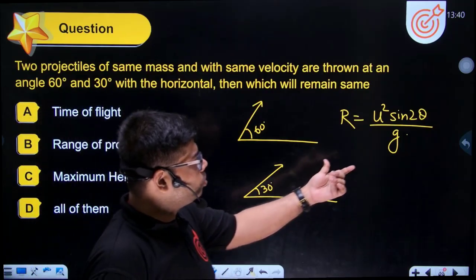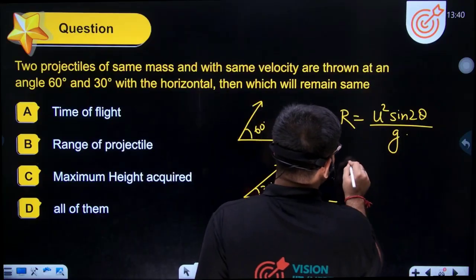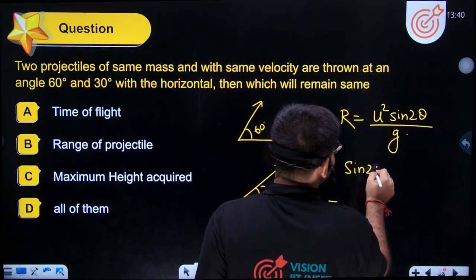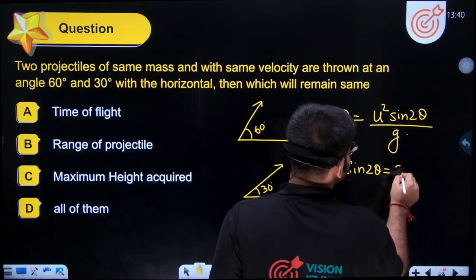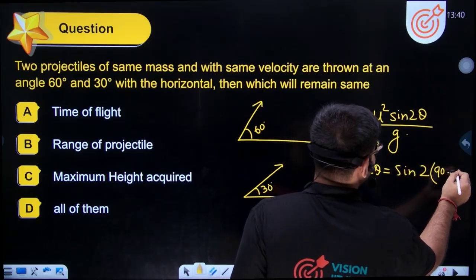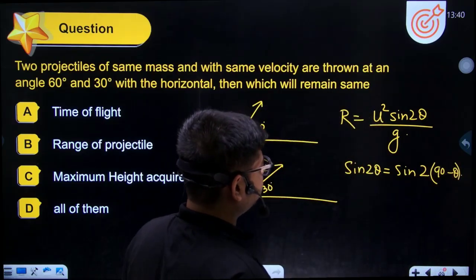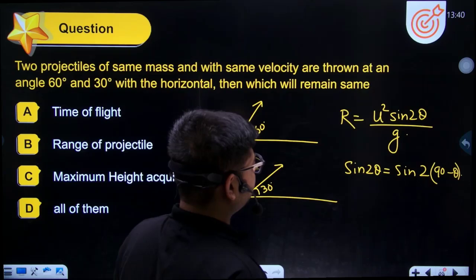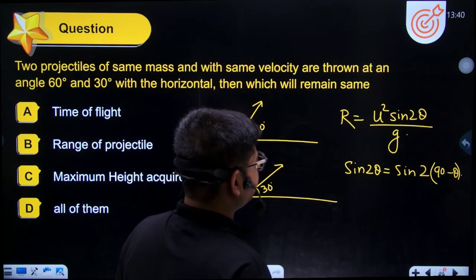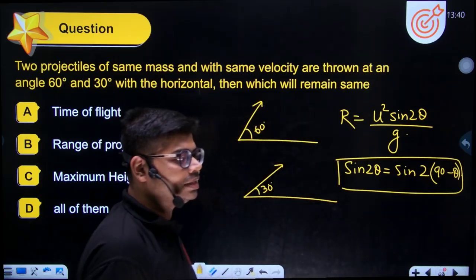Now you look at this sine 2 theta. Sine 2 theta I can write as sine 2 times of 90 minus theta. This can be written, sine 2 theta is nothing but sine 2 times of 90 minus theta.